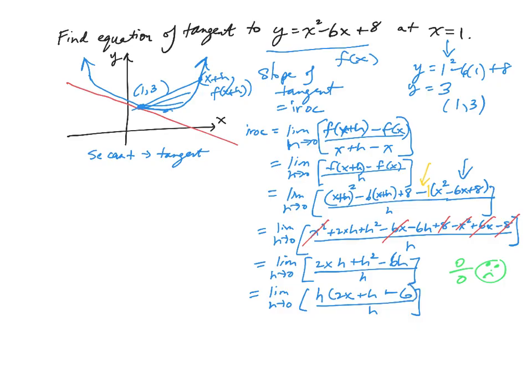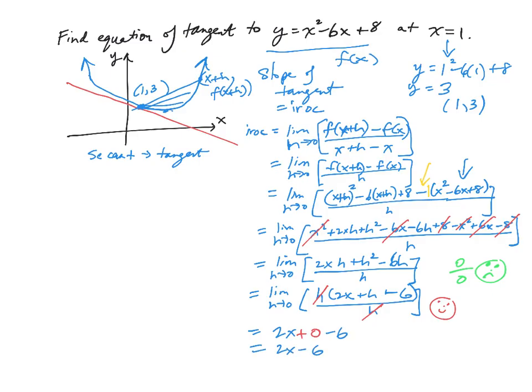And then I'm going to grab my red pen because I'm very excited to see that the h's go away. Why that is so good is because the h's were what were causing the 0 over 0 problem. So now we can actually substitute h equal to 0 into our expression, and what you get is 2x plus 0 minus 6, or 2x minus 6.